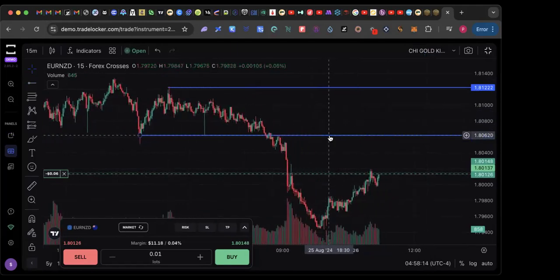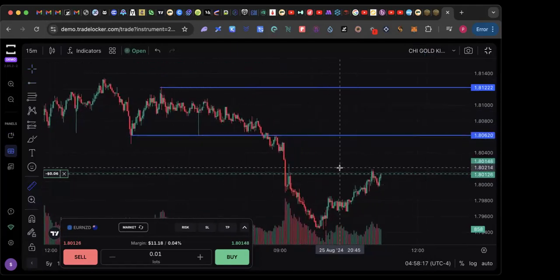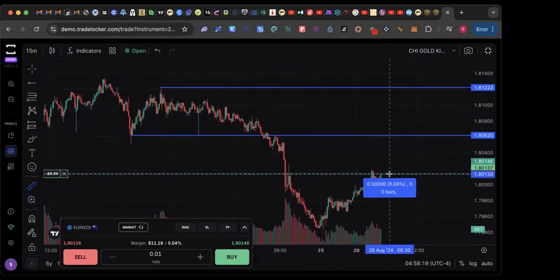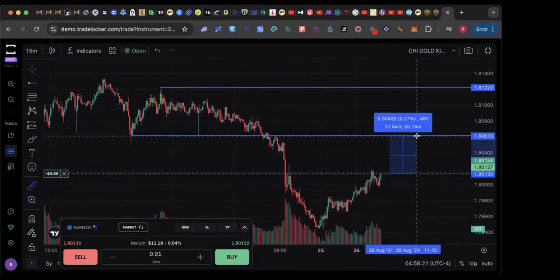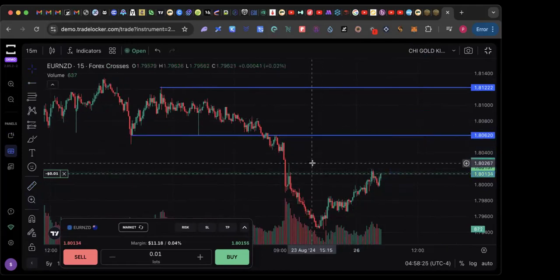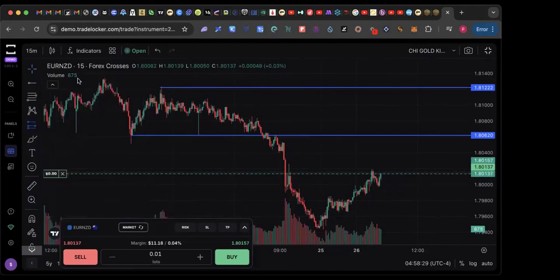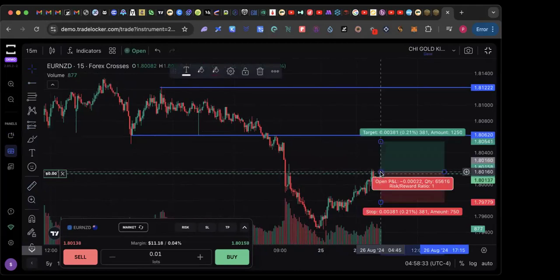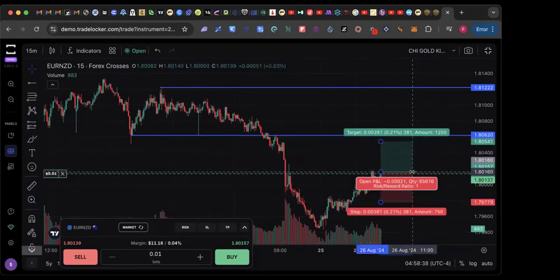I may not want to go too far. Let me look at it from this entry point to this point, how many pips is that? 48 pips if I'm not mistaken. So if it were like this, long, then take up this.